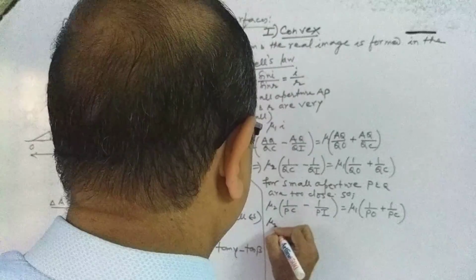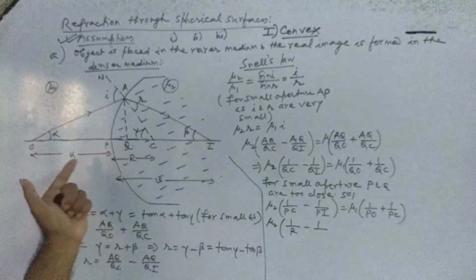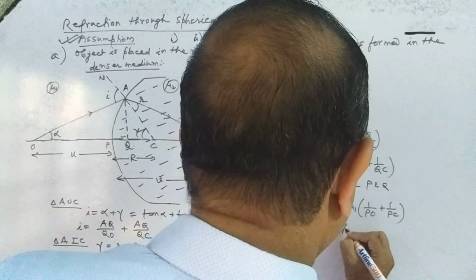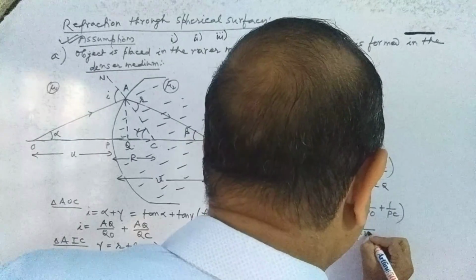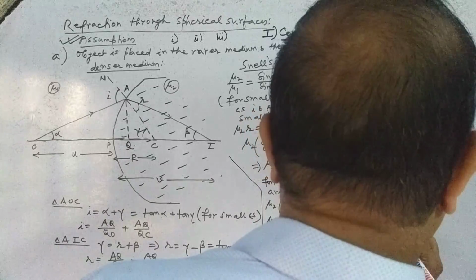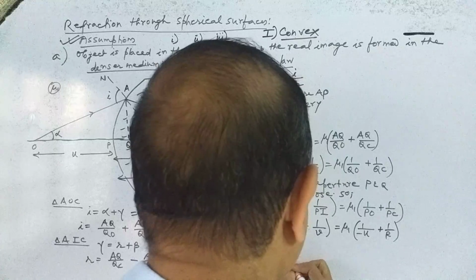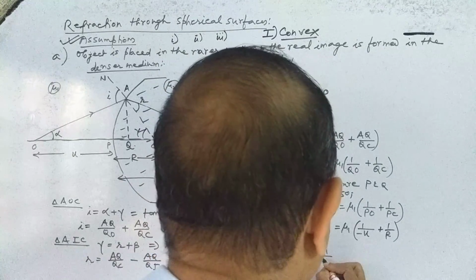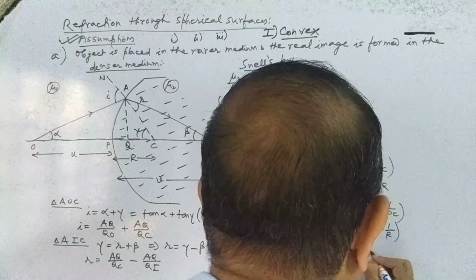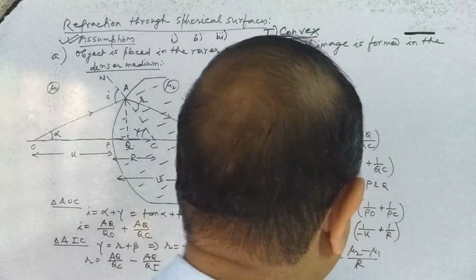So according to the sign convention, capital R will be positive, 1 by v is also positive, and for mu1, 1 by minus u because it is negative, plus 1 by R. And you just check what you are getting: mu2 by v minus mu1 by u is equal to mu2 minus mu1 by R.